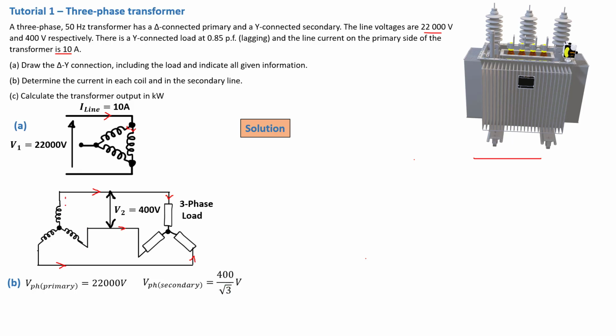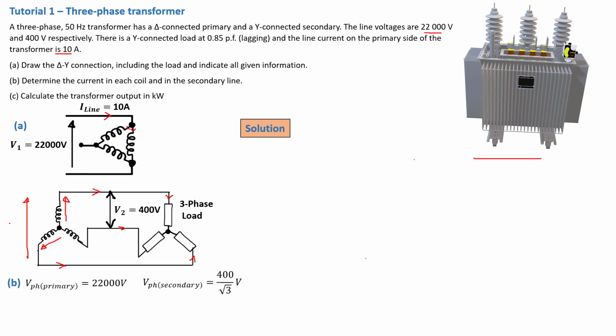Now remember, the voltage across this phase is exactly the same as the voltage on this phase. But the same cannot be said with the voltage across the two phases, because this is phase 1 to neutral, phase 2 to neutral, or phase 3, whatever the case may be. But from this point to this point is phase 1 and phase 3. So that is line to line, so that voltage cannot be equal.